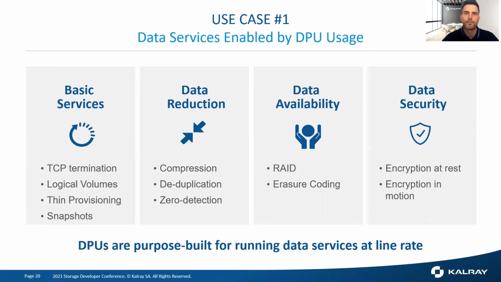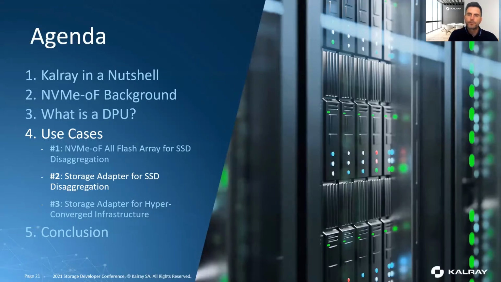And thanks to those accelerators, the DPU is really able to sustain the required performances. So this is why we believe the best solution to implement an NVMe over Fabric all-flash array is by relying on DPU cards. Let's now switch to use case number 2, which I call storage adapter for SSD disaggregation.